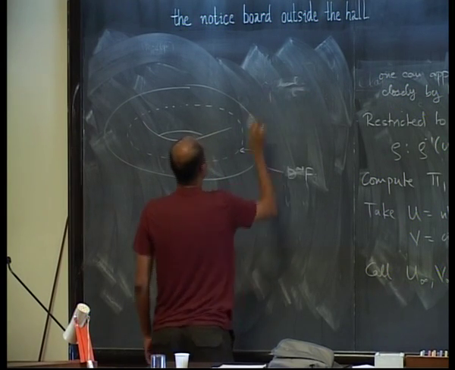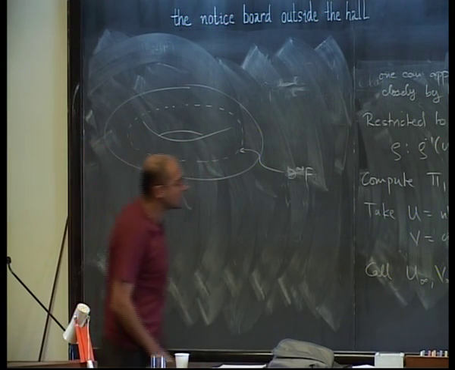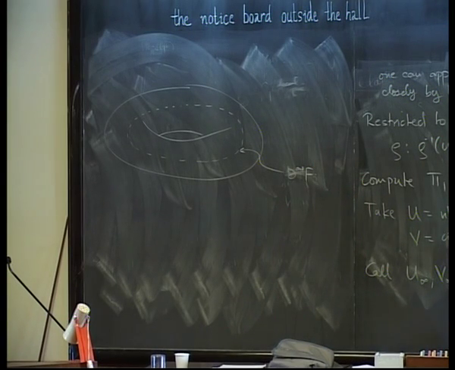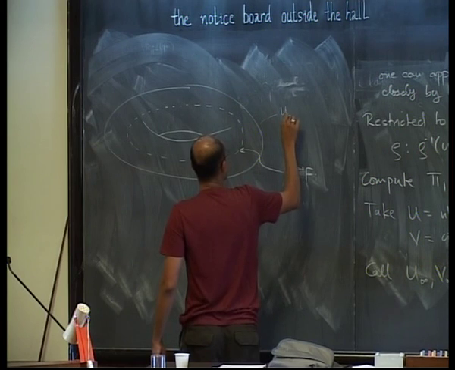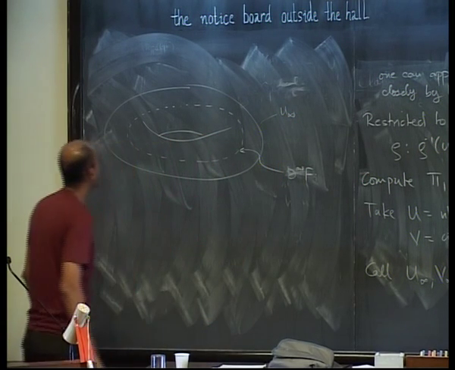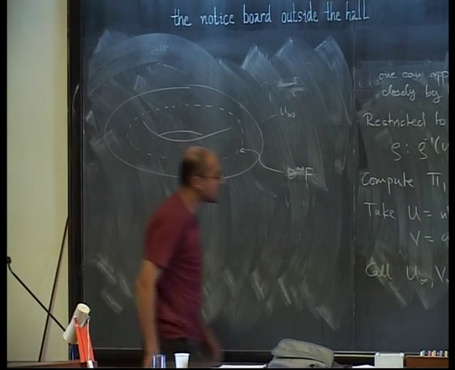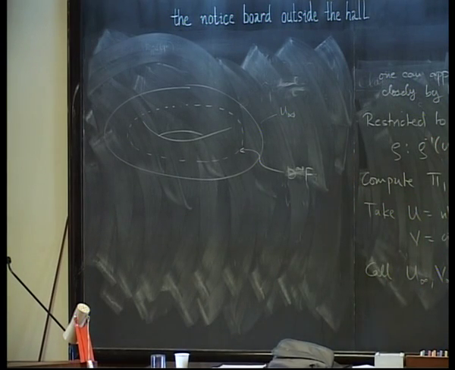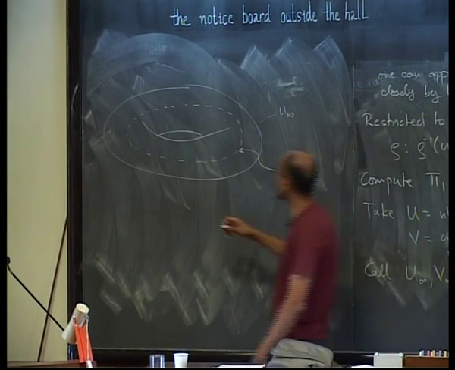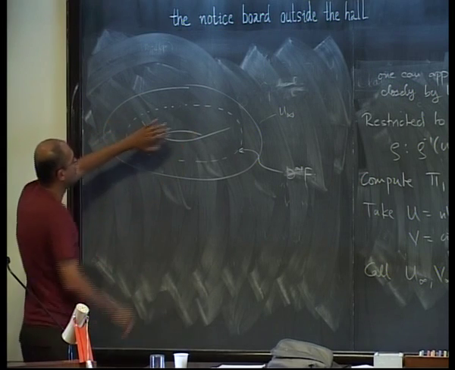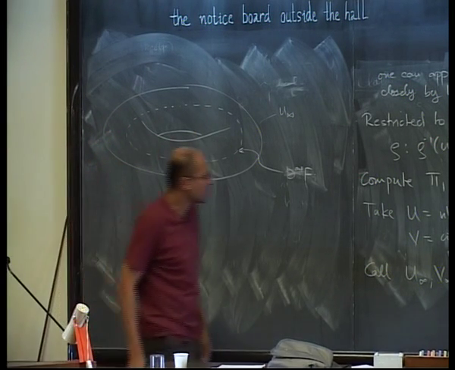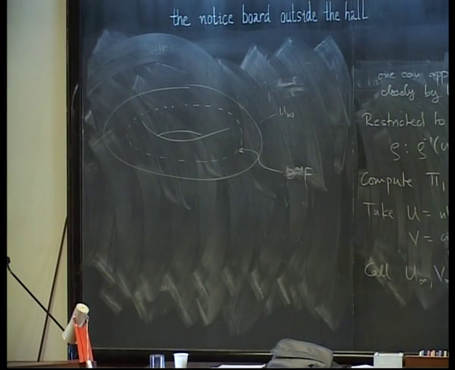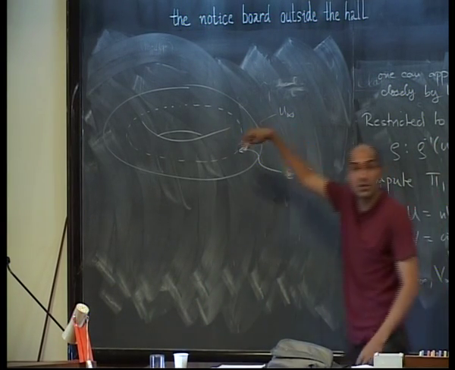So this set here that I just drew is this U infinity, which contains infinity. And then what's this U intersect V infinity? Well, if you think of this as being a torus minus the boundary, the U intersect V infinity is really a small neighborhood of the surface of the torus.